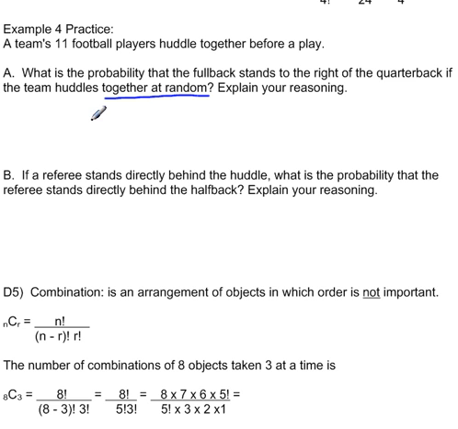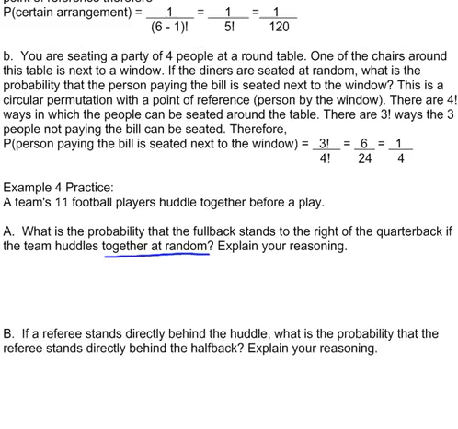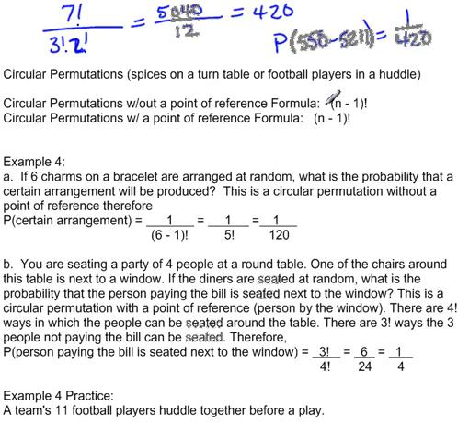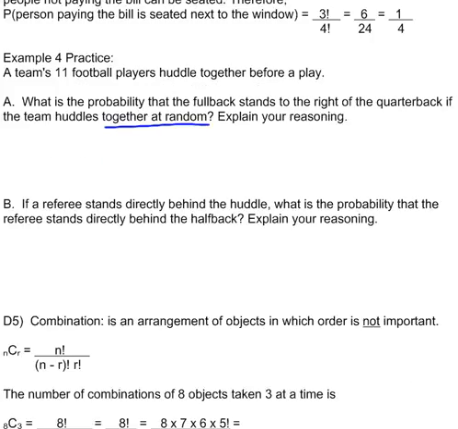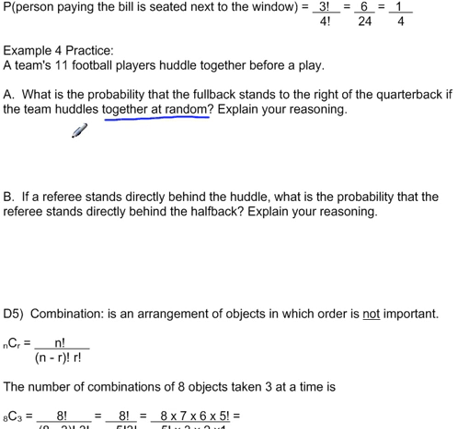So to find this probability, we need to look back and remember, if we don't have a point of reference, our permutation is n minus 1 factorial. So if we've got 11 football players, it's going to be 11 minus 1 factorial, which is going to be 10 factorial, which is, really I'd like for you to pause right here because this is really supposed to be your problem.